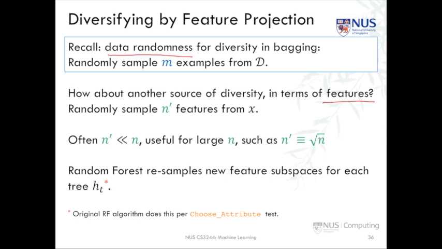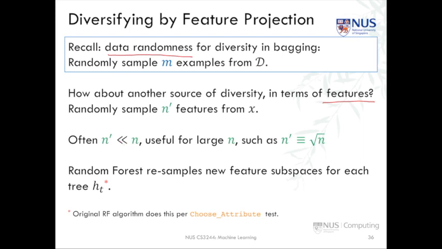We can randomly sample some number of features from the input space and use only that subset to build a decision tree. Unlike bagging where we sample the entire set M, of course this is again arbitrary, we often use a smaller set of M prime, which is much smaller than the original, so that we have a very diverse set of trees that are generated.